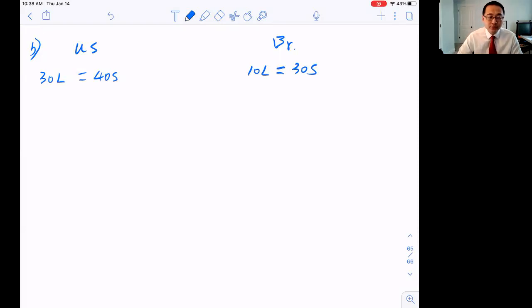So when I ask you to calculate the opportunity cost of producing large airplanes in both Brazil and the US, what I'm really asking is, what does 1L equal in terms of small, in both countries? Well, how do you turn 30L into 1L?